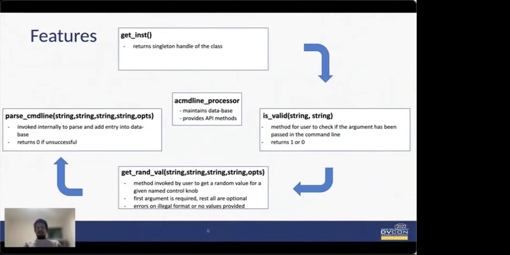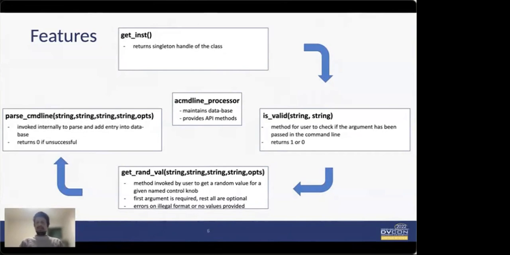As I was mentioning, the most super useful method which the user needs to invoke is the getRandVal. This method basically has a long list of arguments, as you can see.